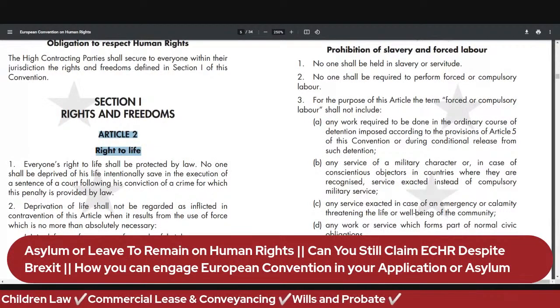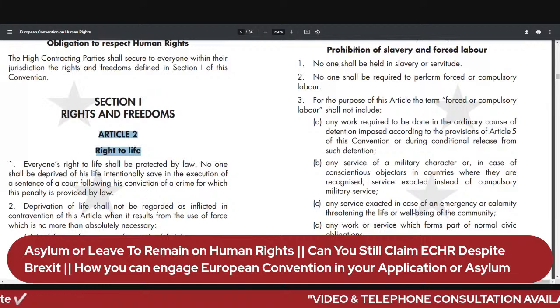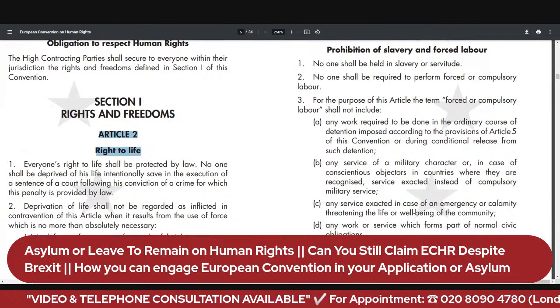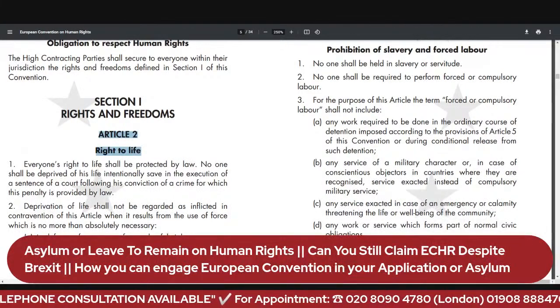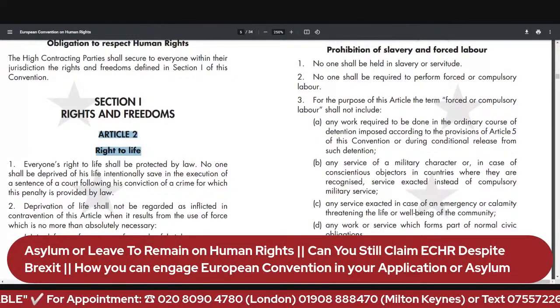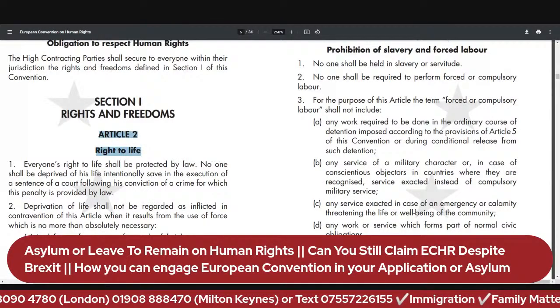And there is a lot of explanation of how you can engage, how you can present. It's not necessary that you will be killed by a law enforcing agency. If your life is under threat, if your life is at risk from any particular social group, any terrorist group, any community that could endanger your life, you will face extremism.